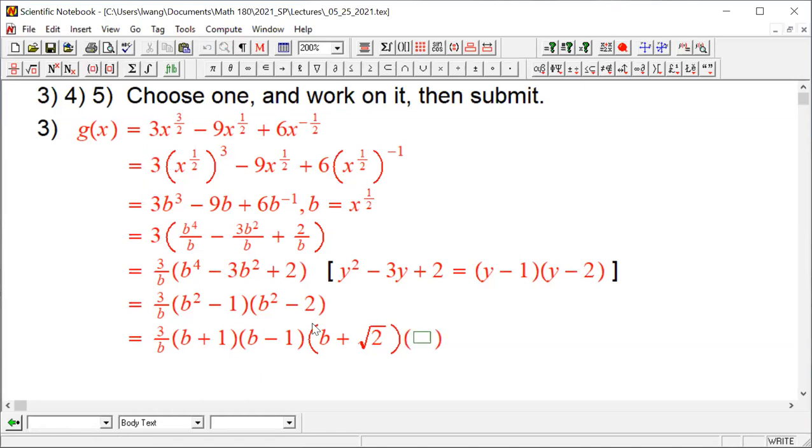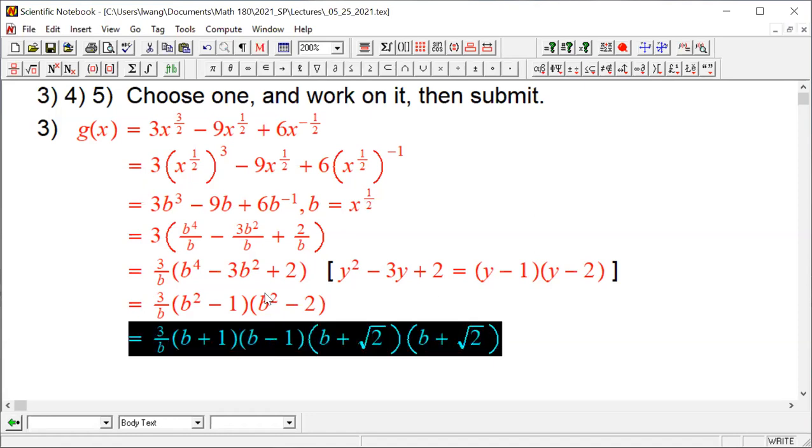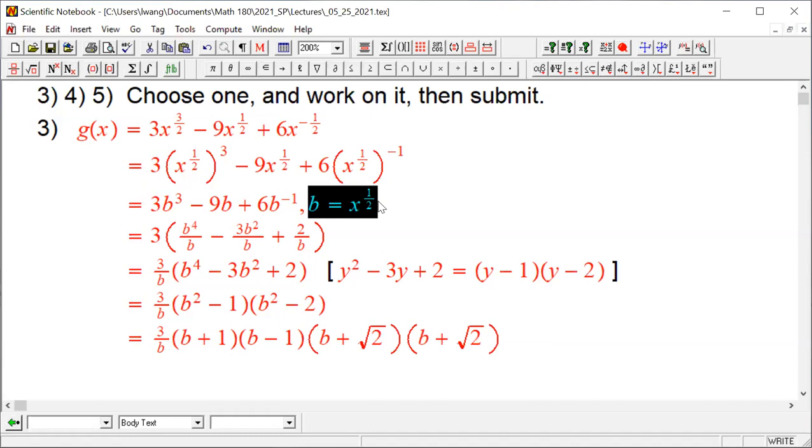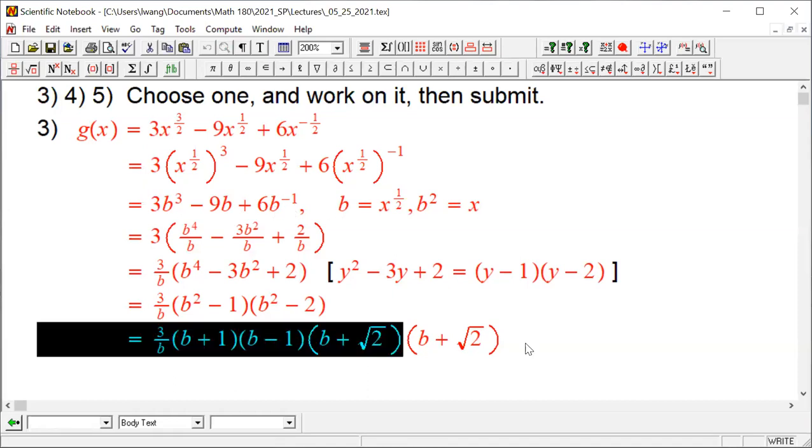And the other thing is that if you keep going like that, just let me finish this, okay? I'm going to show you all the other stuff. If you keep going this way, don't forget b is this guy. Do you see that? From here, if you notice that b squared is actually x, then you don't want to go this far.